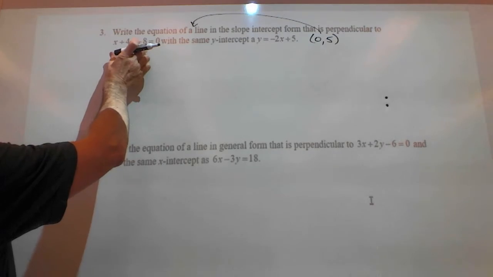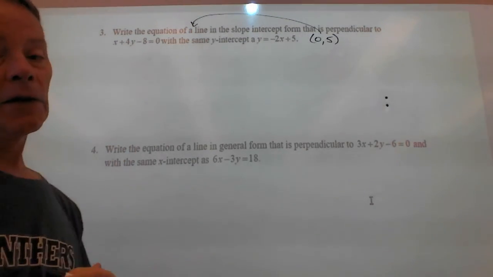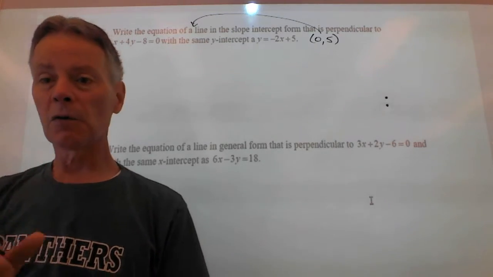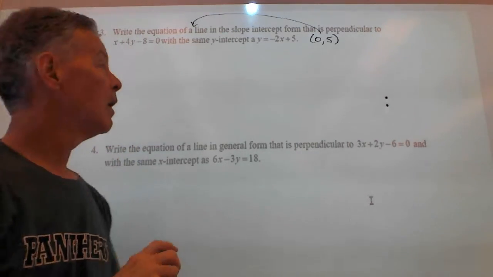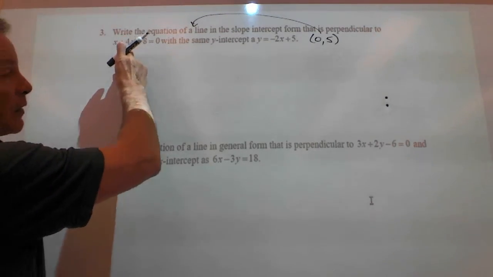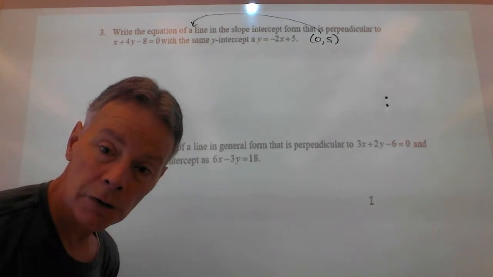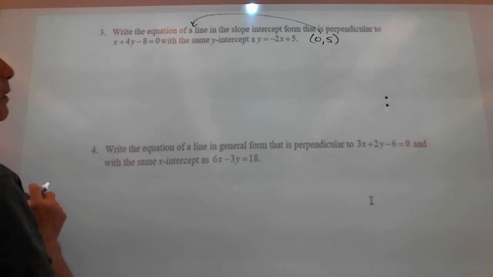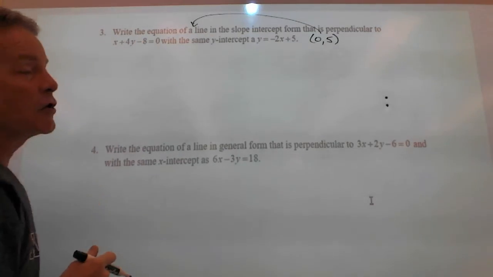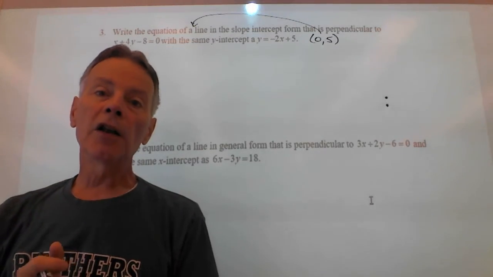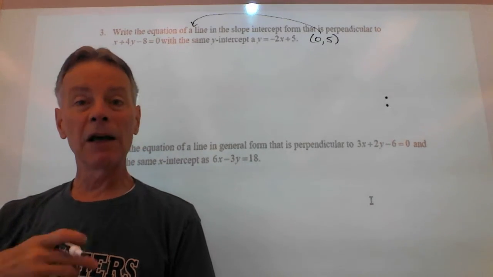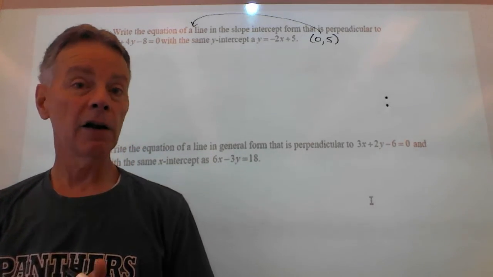It says it's perpendicular to this line. Well, now we know if we're talking parallel perpendicular, we're looking for slope. So, can we find the slope of this line? Of course we can. Well, right now it's in general form, okay? You want to put it in slope-intercept form because that way you can just look at it and get the slope.